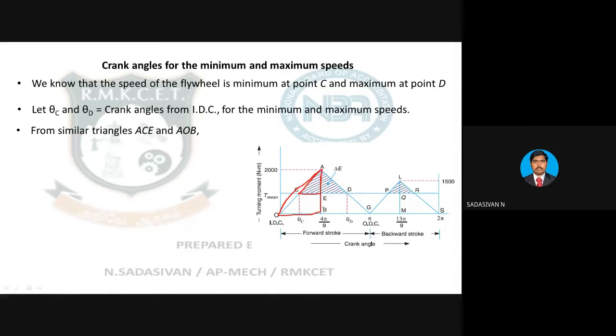Look at the left side of this line: this shaded portion is taken as one triangle, and half of the larger triangle is taken as a right angle triangle. In that I am applying the similar triangle principles. So CE by OB, the base length comparison, equals AE by AB, AE by the entire height AB.